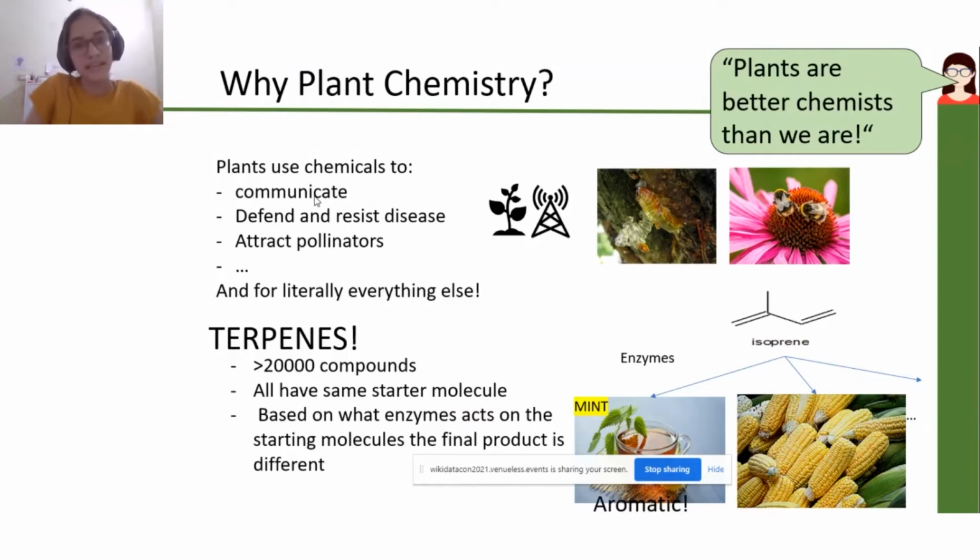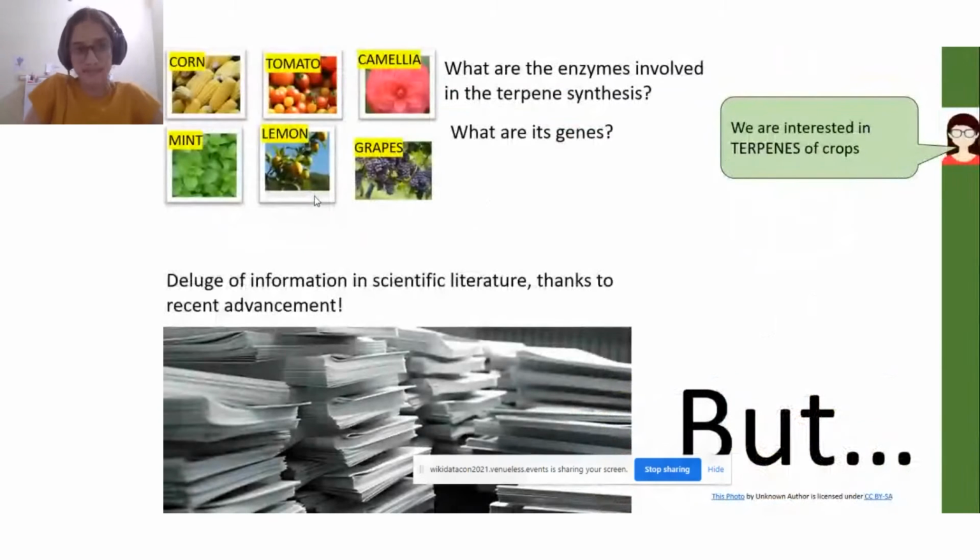We are looking at terpenes of some specific crops like corn, tomato, tea, mint, lemon, and grapes. And we are asking questions like, what are the enzymes involved in the synthesis of terpenes, and what are their corresponding genes, and so on.